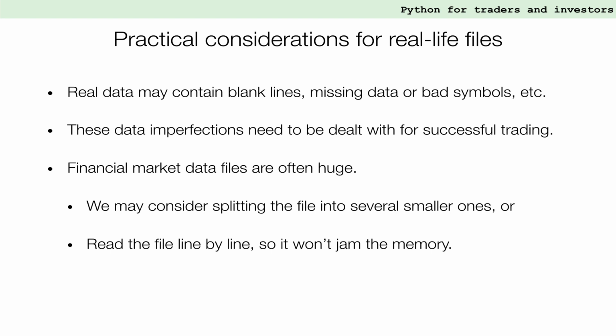Next, the data cleaning process can often take up a large proportion of the time spent on the quantitative work and can often be an unavoidable manual process. Finally, financial data files can often be huge, and we may need to consider splitting them up or reading them line by line, rather than storing them all in memory at once.